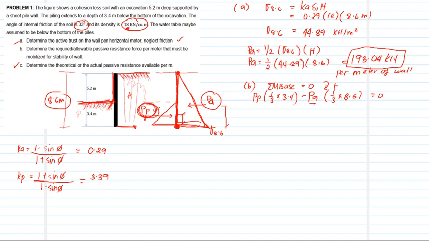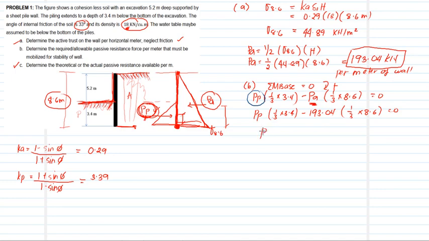Okay? So yung value natin ng PA, given, na-solve na natin for letter A, that is equal to 193.04. And yung hinahanap natin sa letter B, itong PP natin dito. Ito yung hinahanap natin for letter B, yung PP natin dyan. Okay? So, substituting yung values natin dito, that is equal to PP times 1/3 of 3.4 minus 193.04 times 1/3 of 8.6, that is equal to 0.